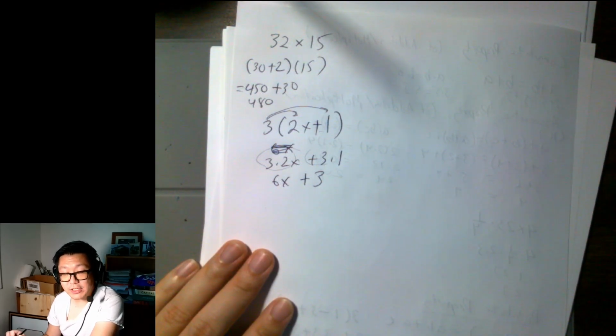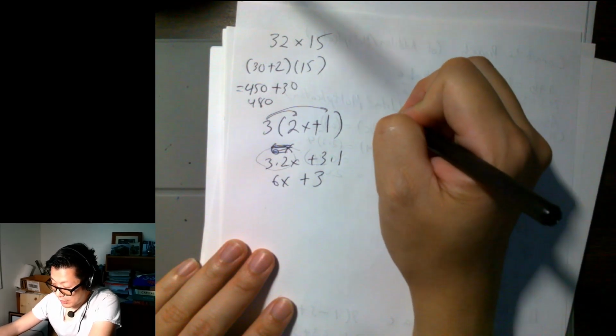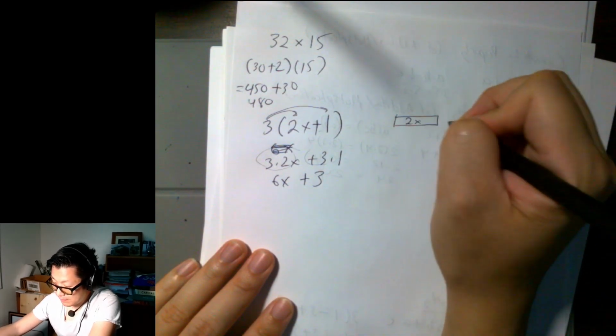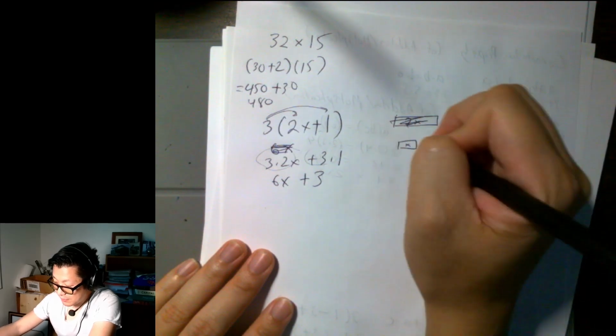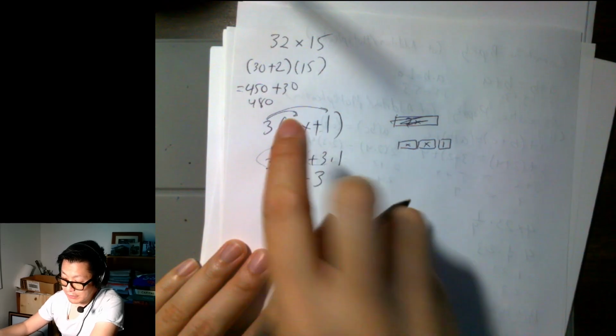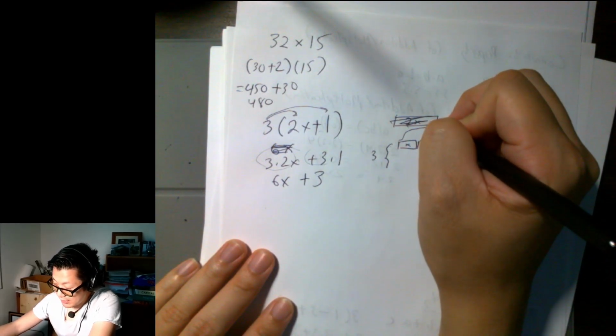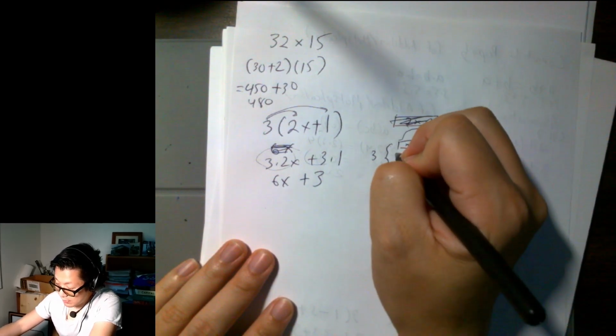For those of you using counters, I think this is often represented as, okay, I have an x here, I have an x here, and I have a 1 here. And I have 3 of those. So I'm going to represent that on this side with a 3. This side is 2x plus 1.